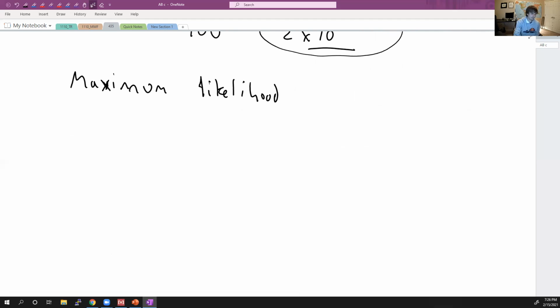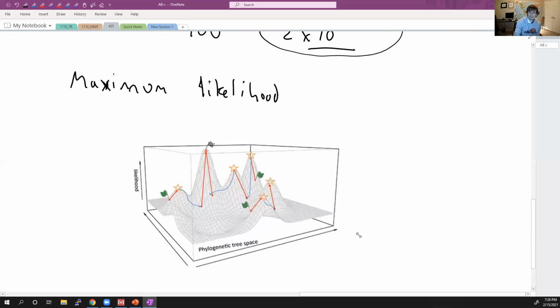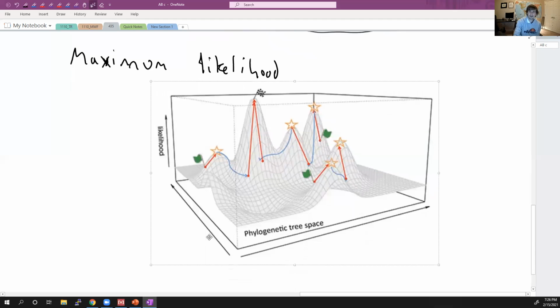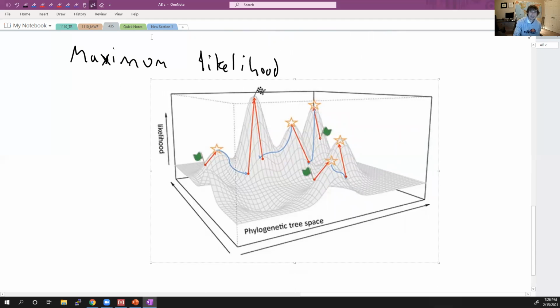So if we have an example of all the possible trees and likelihoods of a tree being true, we'll get this three-dimensional landscape, right? This reflects all the possible phylogenetic trees that we can make and how good they are.